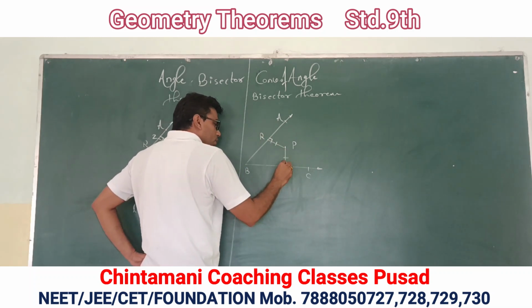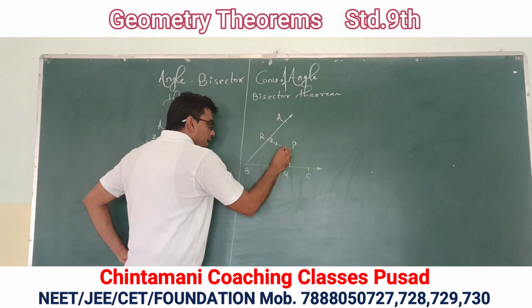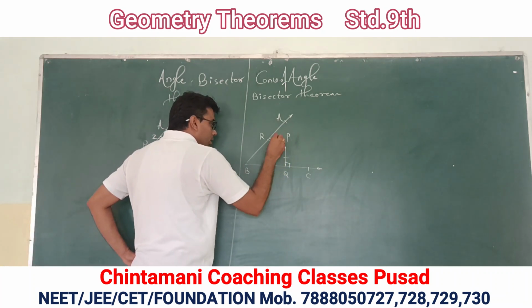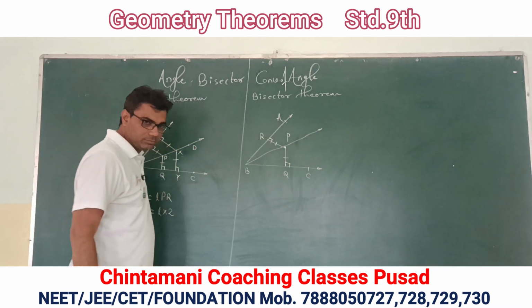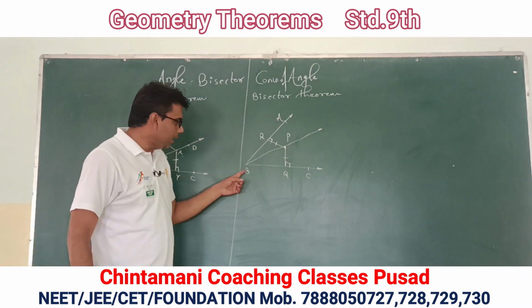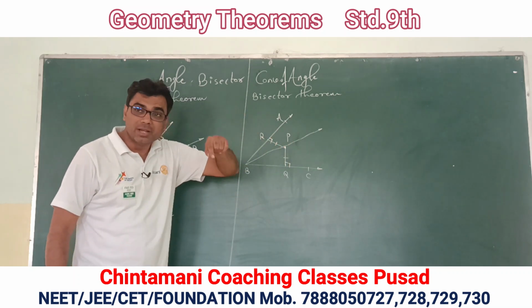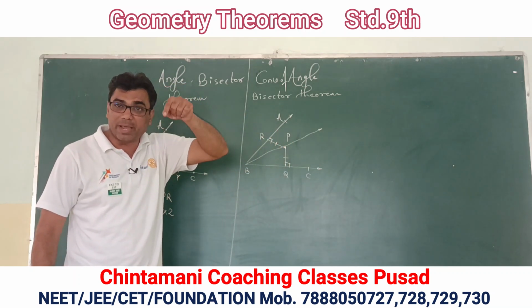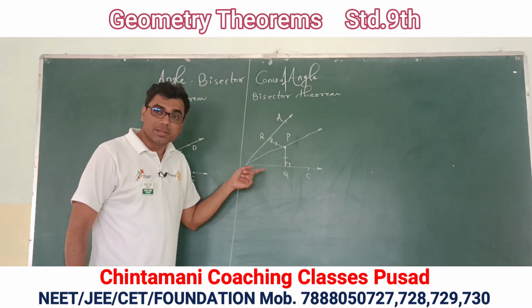If these perpendiculars are equal, then we can say P is a point exactly on the angle bisector of this bigger angle ABC. So BP is an angle bisector. It means that P is on the angle bisector because it is equidistant from arms AB and BC.